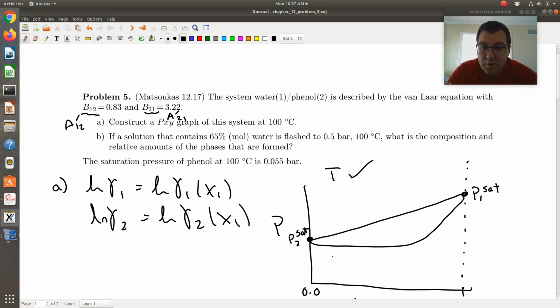Looking in terms of pure component properties that I need, we have temperature. The saturation pressure of phenol at 100 degrees C is 0.055 bars, so we have P2 sat.